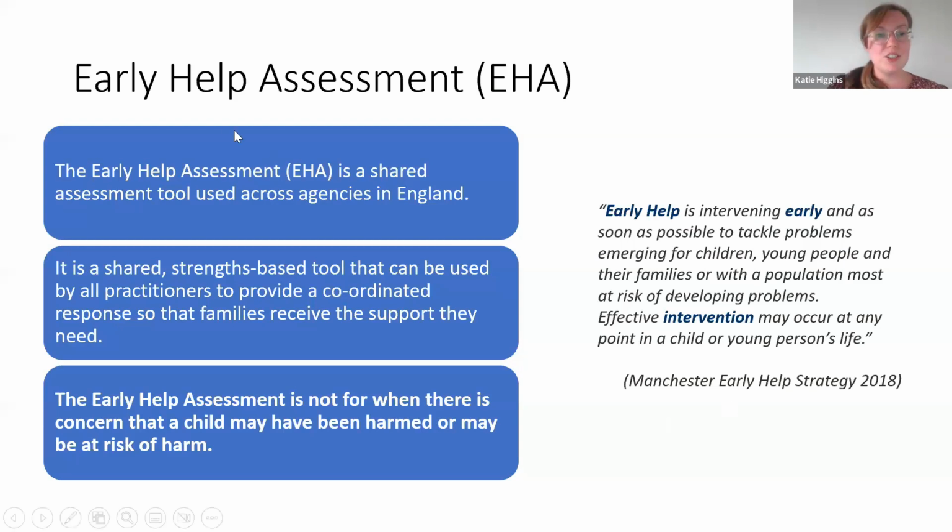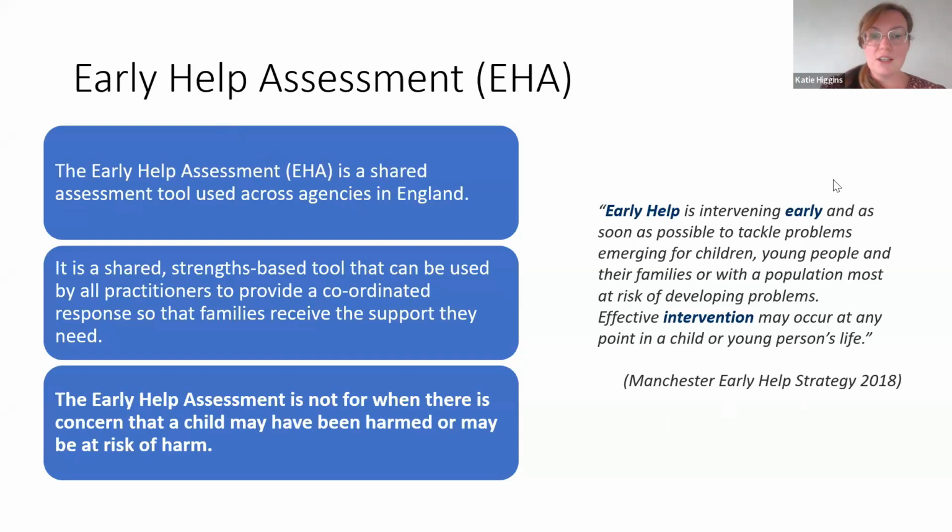So, as I mentioned earlier, children that are level 2, 3 and 4 usually have something called an early help assessment. This used to be called a CAF, Common Assessment Framework, but they've changed it now to an early help assessment. So it's a shared assessment tool across agencies in the UK.